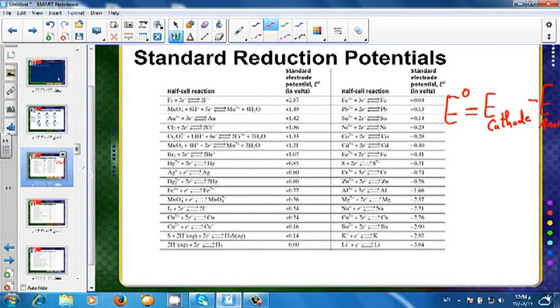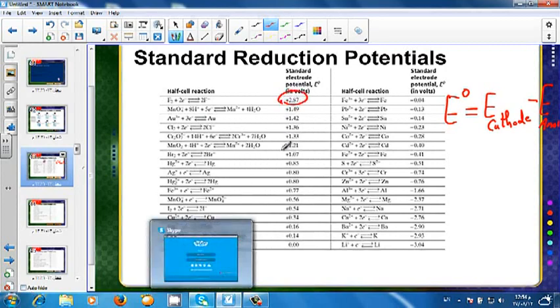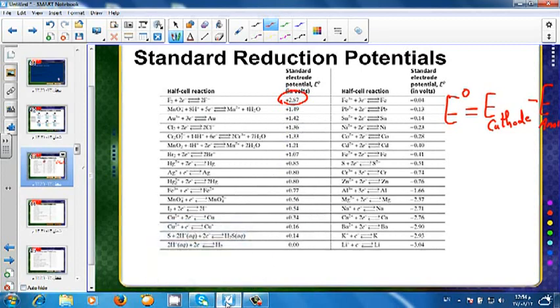If the reaction is given to you in an opposite way, let's say for example Fe into Fe positive 2, this is the given. What if I give you the reduction half reaction Fe positive 2 into Fe? In this case you will take the same value, but you will change the sign. Instead of positive 2.87, it will be negative 2.87.